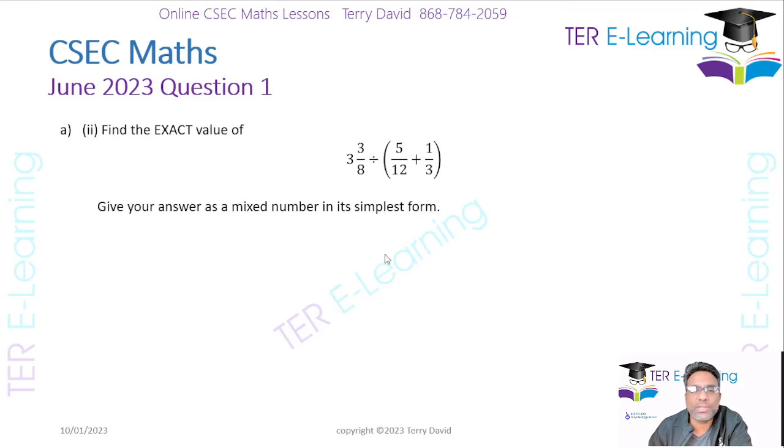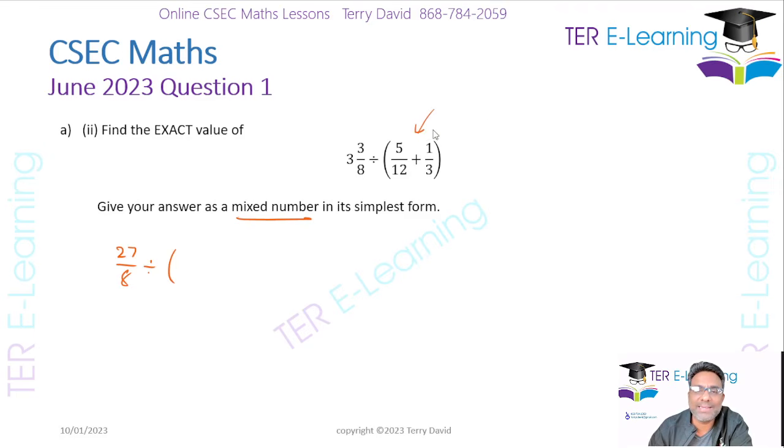Next one, they want us to work out the exact value, and they want us to give our answer as a mixed number in its simplest form. So you can use a calculator to work this out. Or, 3 and 3/8, I can write that as 27 over 8, divided by 5 over 12.